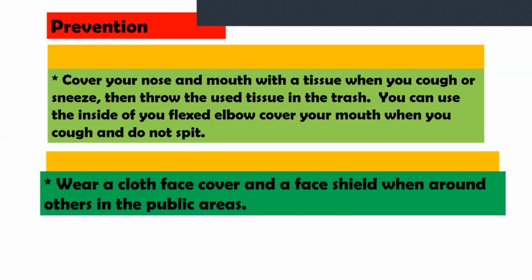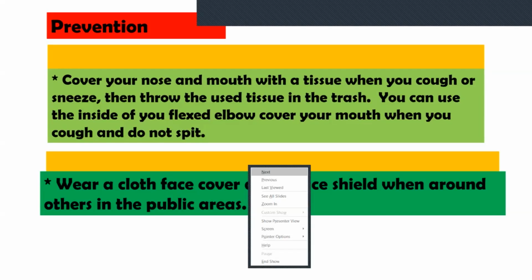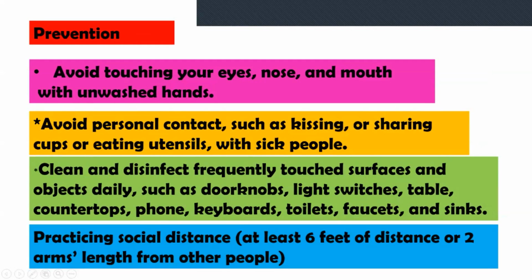Wear a cloth face cover or face shield when around others in public areas. Avoid touching your eyes, nose, and mouth with unwashed hands. Avoid personal contact, such as kissing or sharing cups or eating utensils with a sick person.